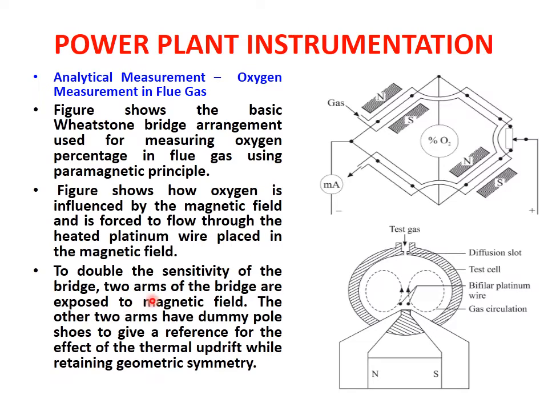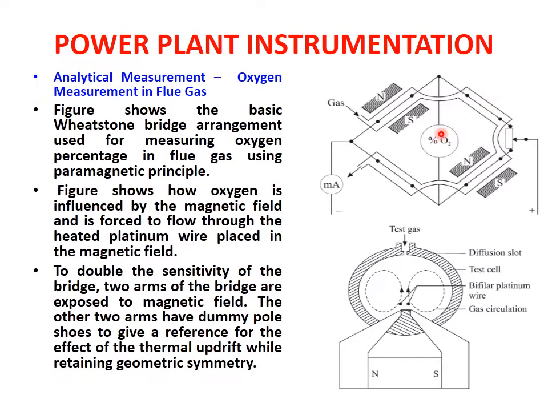To double the sensitivity of the bridge, two arms of the bridge are exposed to the magnetic field. The other two arms have dummy pole shoes to give the reference for the effect of thermal drift while retaining geometric symmetry. See that the actual gas is provided only to two arms of the Wheatstone bridge circuit, but the other two arms are only at the dummy poles.